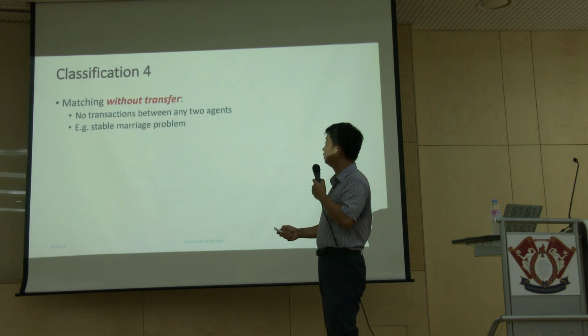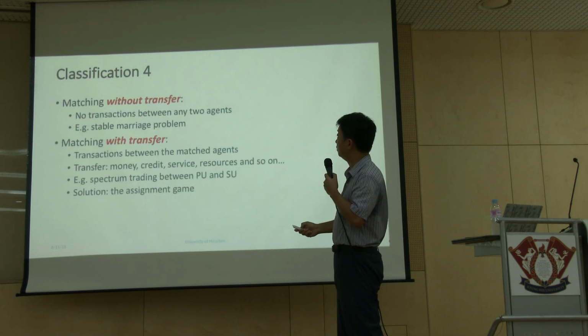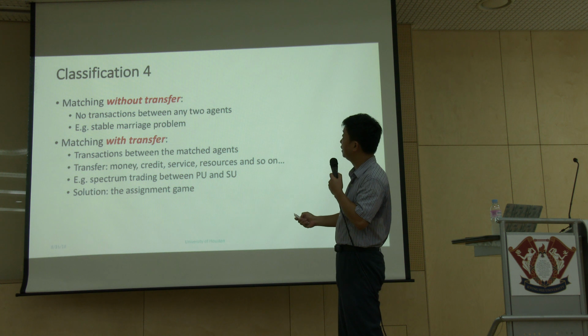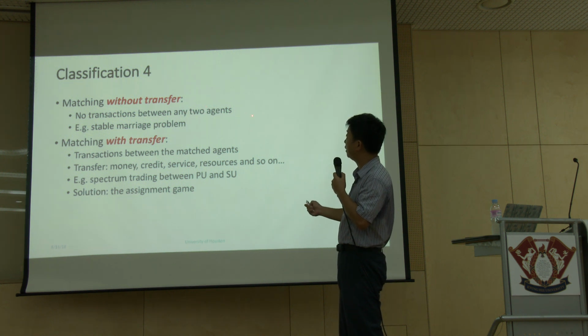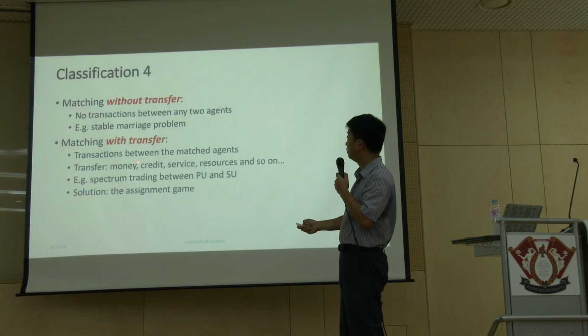And there's another kind of classification: matching without transfer, so no transaction between the two agents, and matching with transfer. That means a transaction between the matching agents, like money or credit, like spectrum trading and something like that.